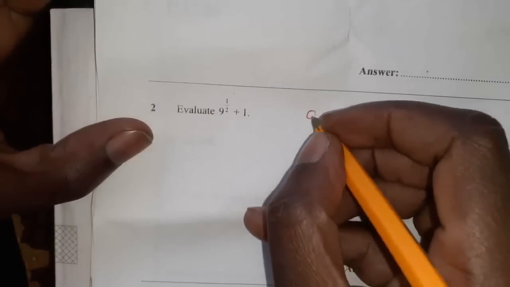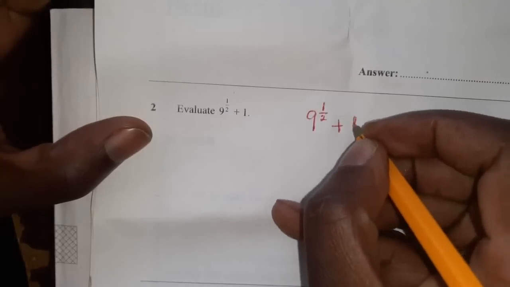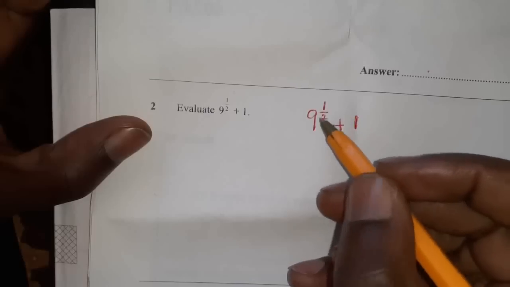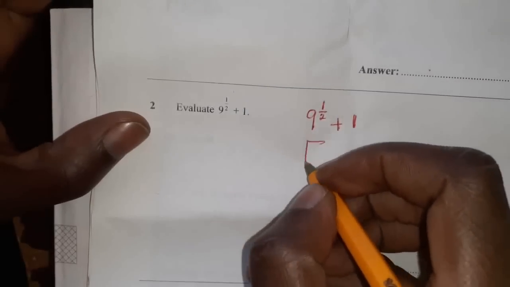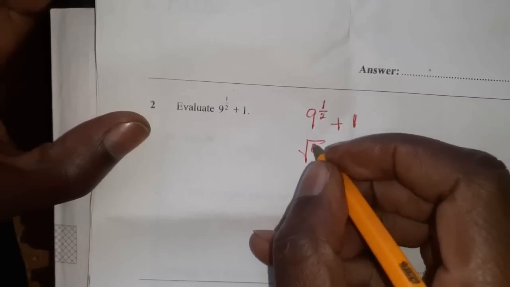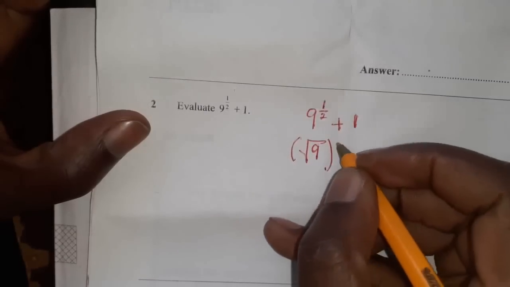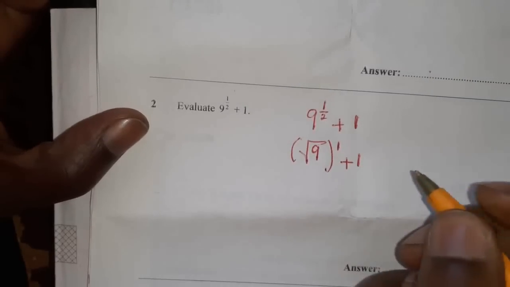So we have 9 to the power 1/2, plus 1. The index is a fraction. When the index is a fraction, we need to write this as the square root of 9, then plus 1.